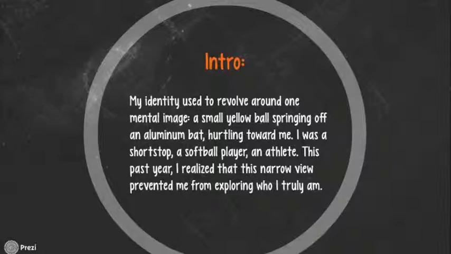Now, in my essay, I would go on to discuss why my identity revolves so strongly around this image of myself as an athlete, and then throughout the body paragraphs, perhaps reveal a moment in which I transitioned from realizing that this narrow definition of self had hindered my ability to explore my full identity.